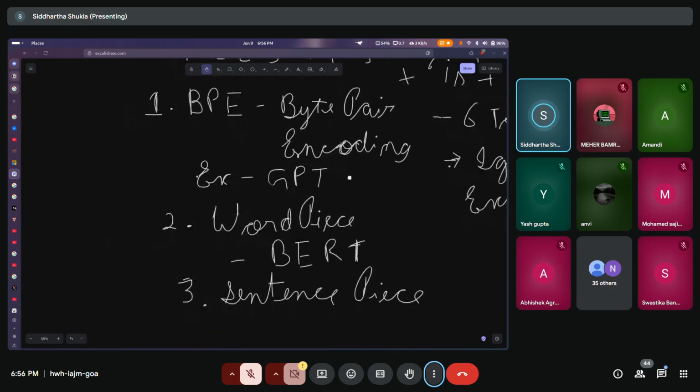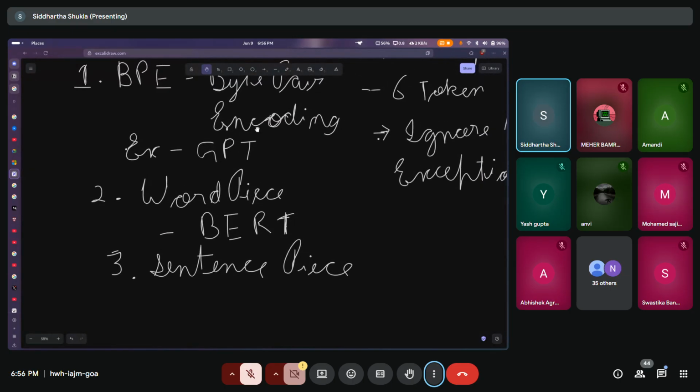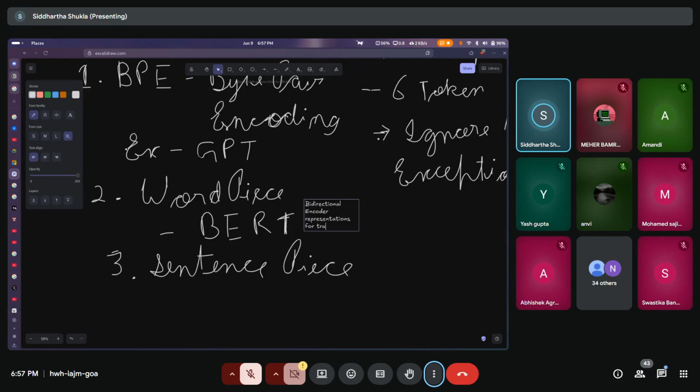I'll tell you what WordPiece is, which is used by BERT. And by the way, for any of you that may be wondering, BERT stands for Bidirectional Encoder Representations from Transformers.